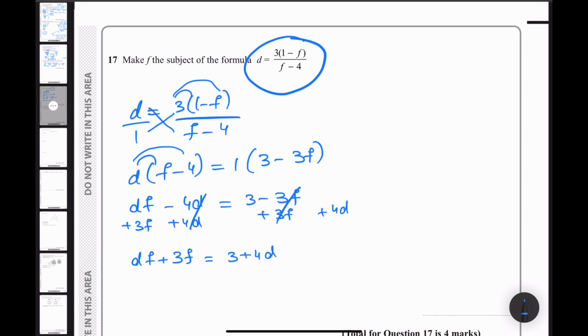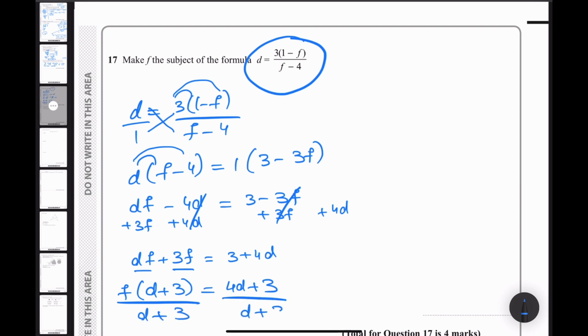Now from these two terms I will take f as common, so I'll be left with d plus 3 equals 3 plus 4d, or I'll just write the variable first and then the number after that, like 4d plus 3. I'll divide both sides by d plus 3.